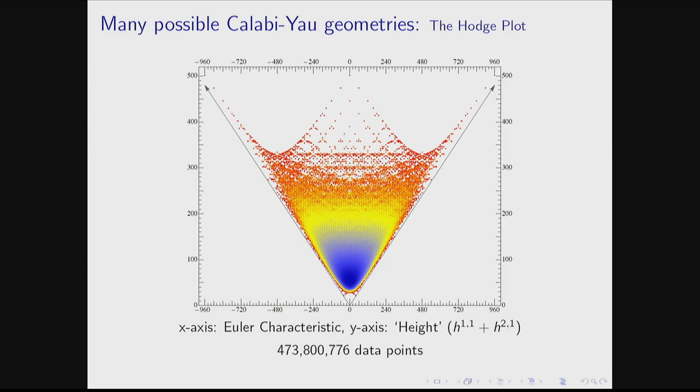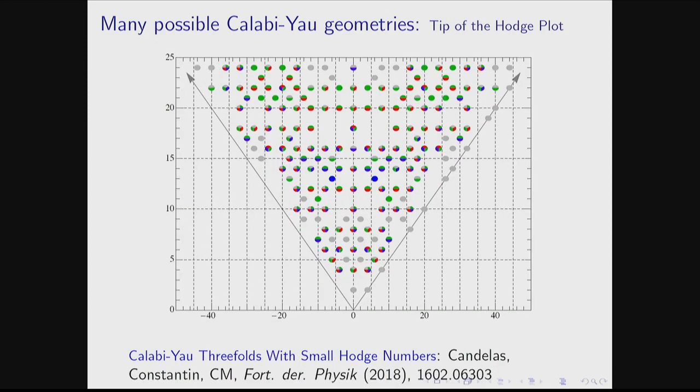you can't really see anything, but there has been a lot of activity in the past several years filling up or populating this portion. If you zoom in, you see a bunch of manifolds here. The color coding has to do with the timeline of when these points were populated.